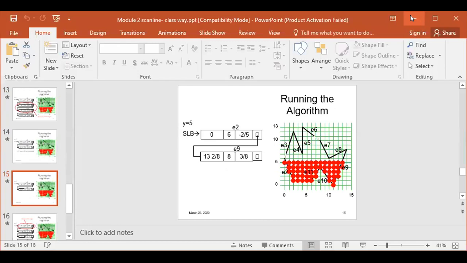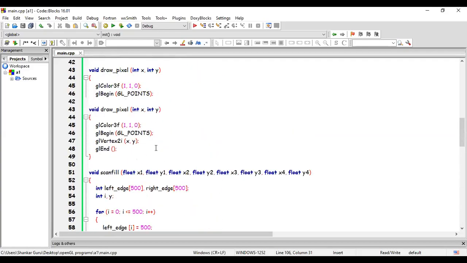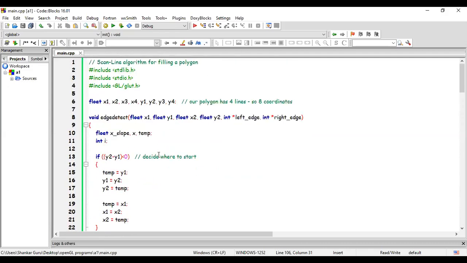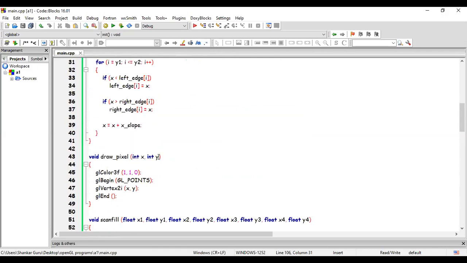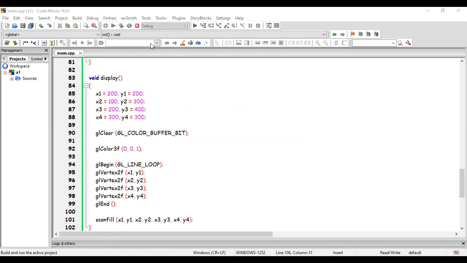So what is the problem with this? You remember we did this algorithm, this program. This is program number 9, the last program. Remember this? Yes, sir. We did do this, but the problem is this particular program requires only a fixed polygon, right?